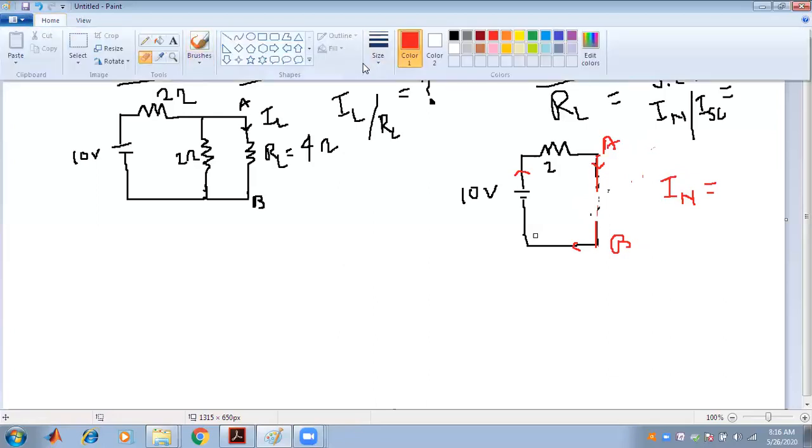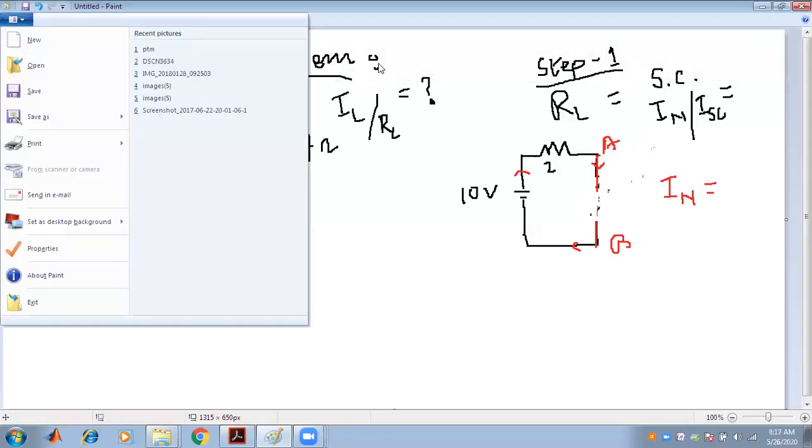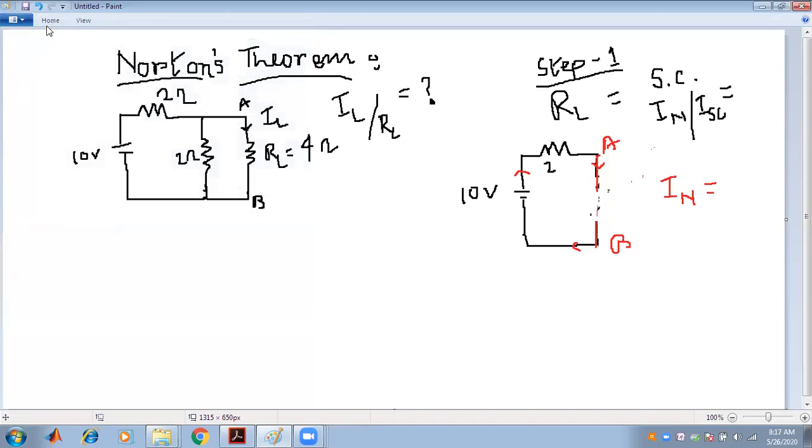So IN equal to total V by R. So here R is 2. So 10 minus 0 by 2. So the IN or ISC becomes 5 ampere.